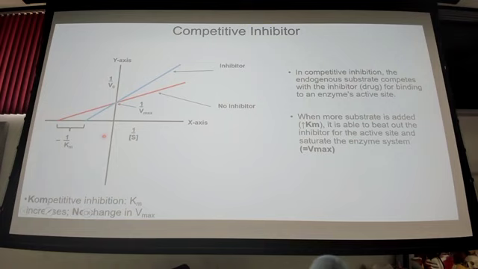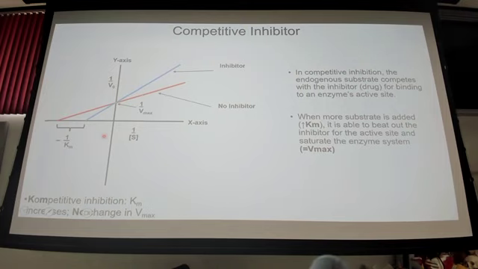Is this saying that Km was increasing, more substrate is at the site trying to? Yeah, so this is no inhibitor, just the substrate. This is with the inhibitor, so it's shifting to the right, so that means more substrate was added and we're still able to reach the Vmax.